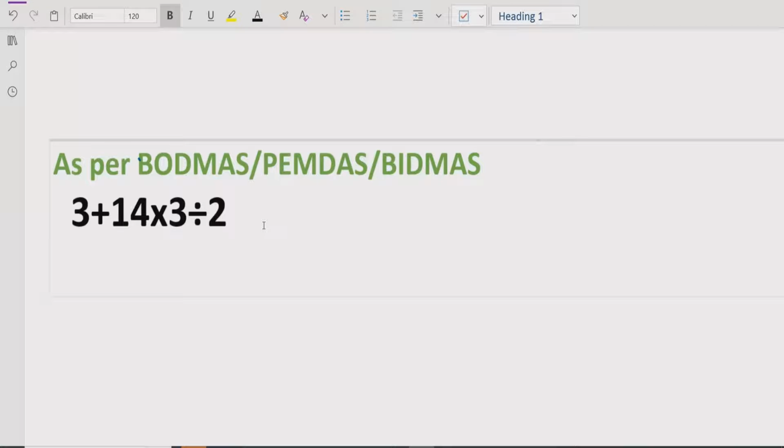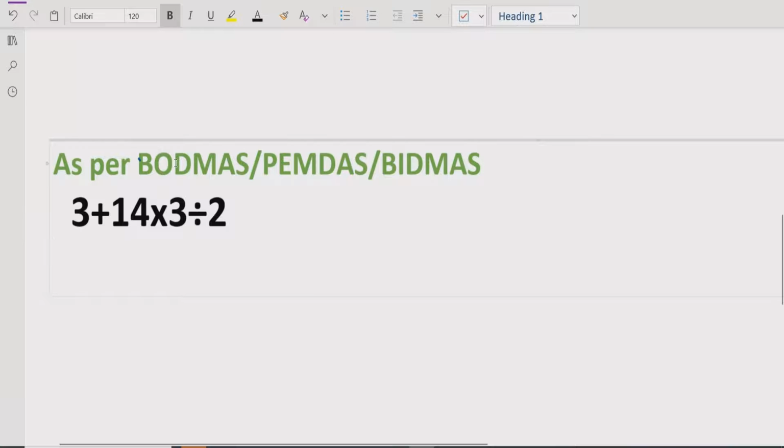But here we do not have any bracket or parenthesis in our expression, so we can skip this step. After that, we check whether we have a square root or square in our expression. As you can see, we do not have any square root or square, so we can skip this step as well.